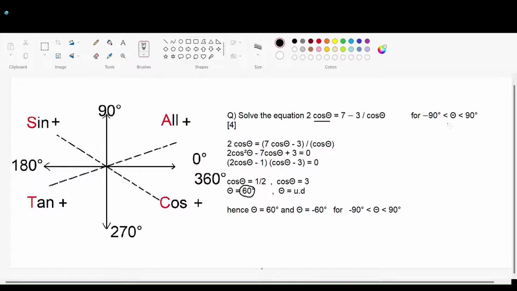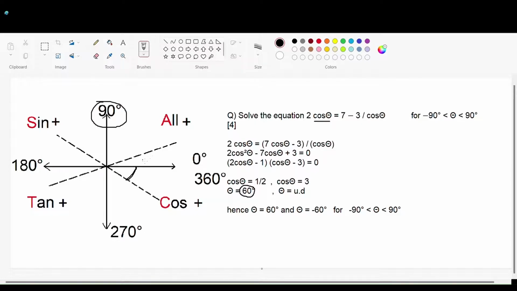But as they're asking for a range between minus 90 degrees and 90 degrees, there would be further two angles, so 60 degrees and minus 60 degrees. As it is only from minus 90 to 90, the cos angle between the x-axis line in the fourth quadrant would not count, as the range is not till 360, it is till 90 degrees.